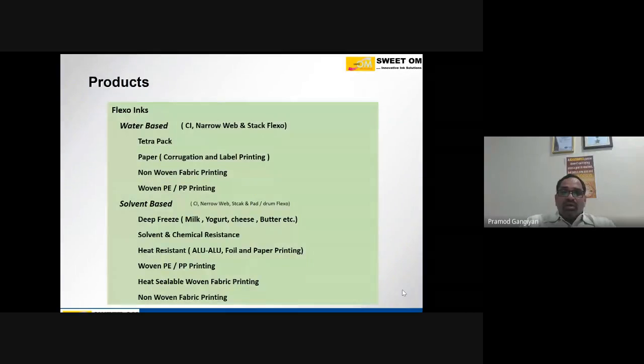Okay. Now again, same thing, we can classify based on the solvents. Based on solvents, we can classify into water-based coatings or solvent-based coatings. Though we understand that water again is classified as a solvent, right? But let us assume water as a different entity and solvent as a different entity.